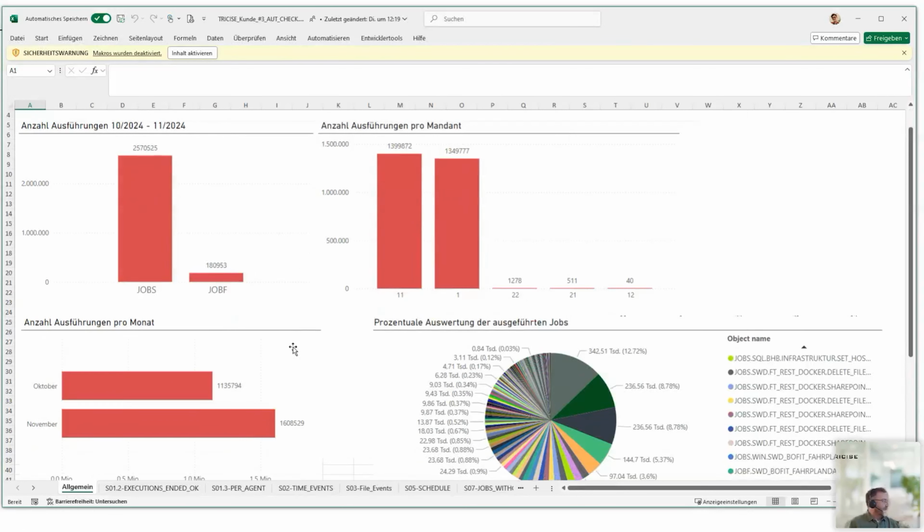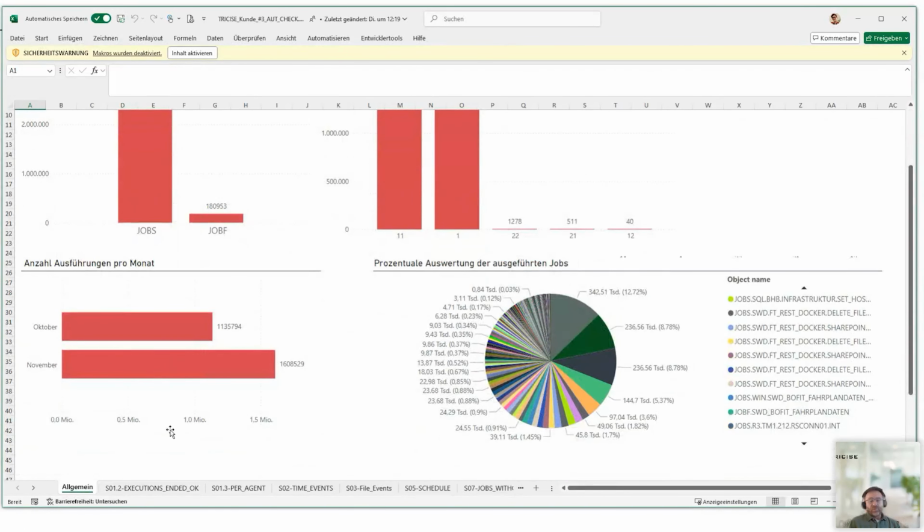If you group by months, I will explain the reason why we see this growth of executions. In October, this customer had 1.135 million executions. In November, he had 1.6 million executions. And the last step, which belongs to this package, is the discussion presenting the results to the customer.